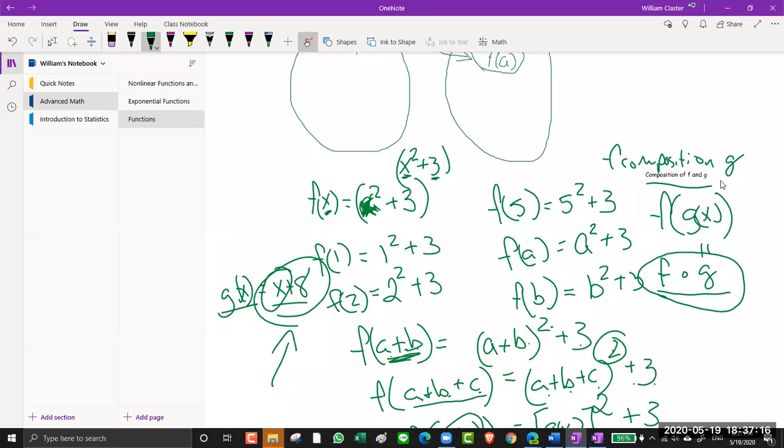Anyway, the composition of f and g. So for composition, you cannot switch the order.